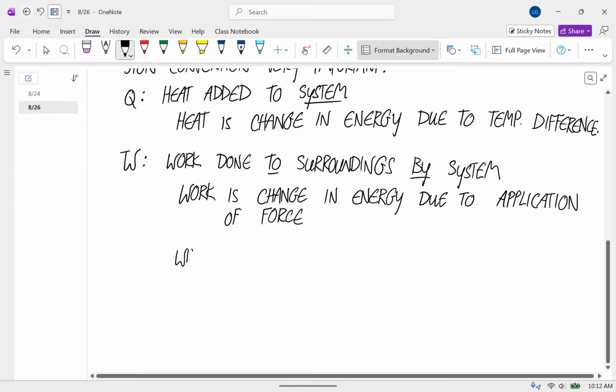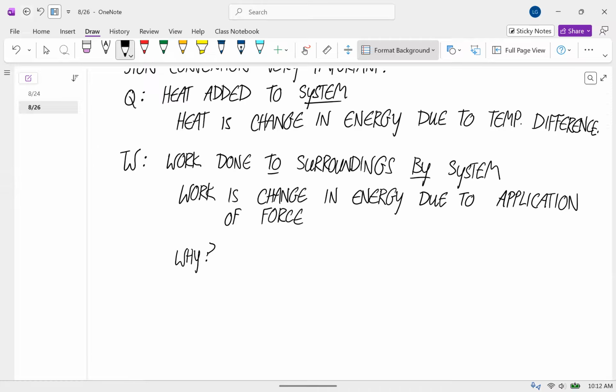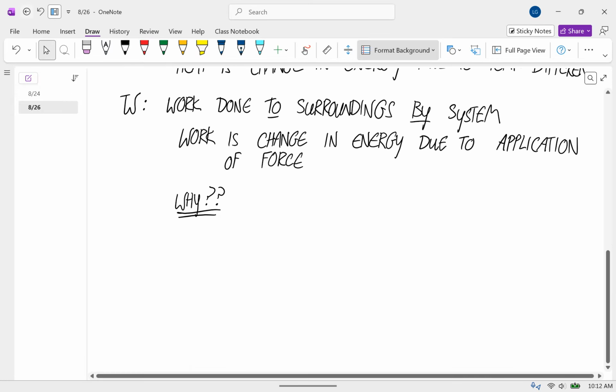So the big question is why? Why do we have this funky thing where heat, the heat Q that we're always going to use in calculations, is energy added to the system, and the work W is energy removed from the system?